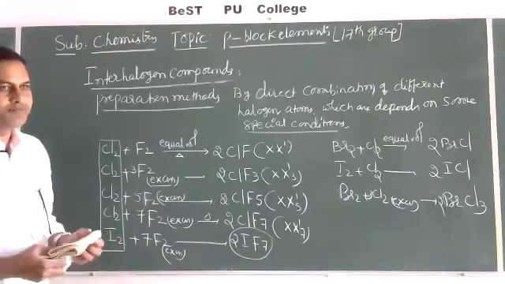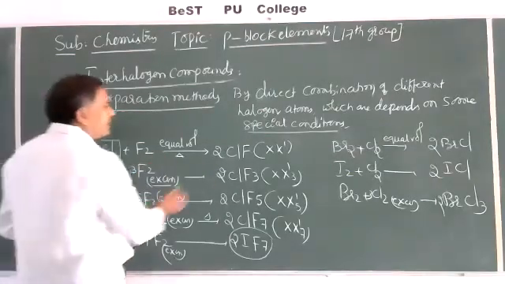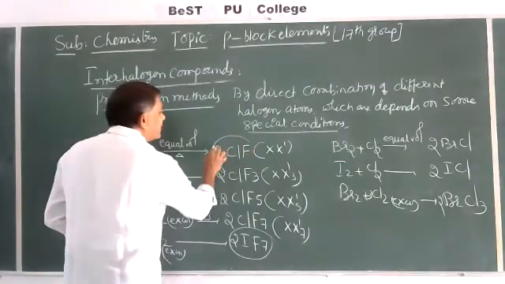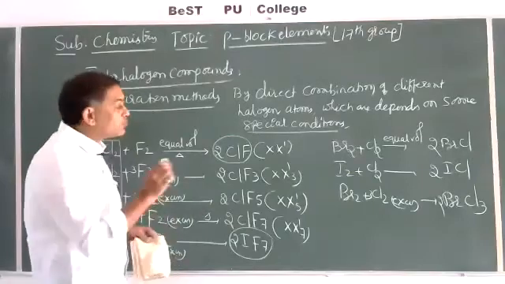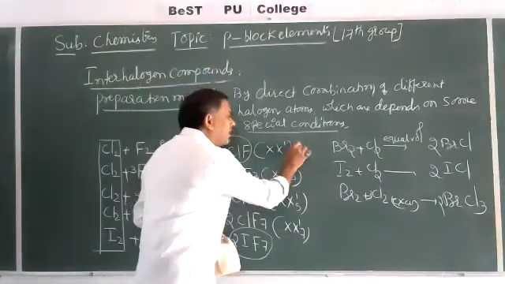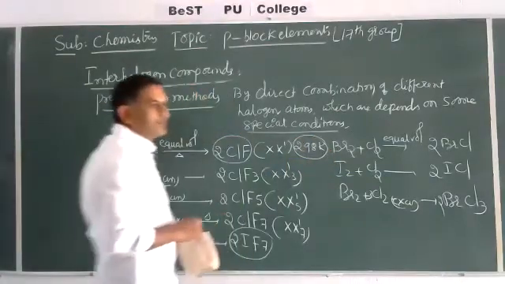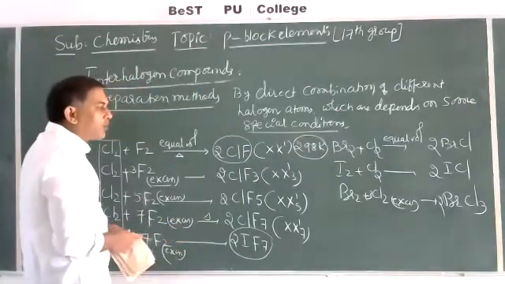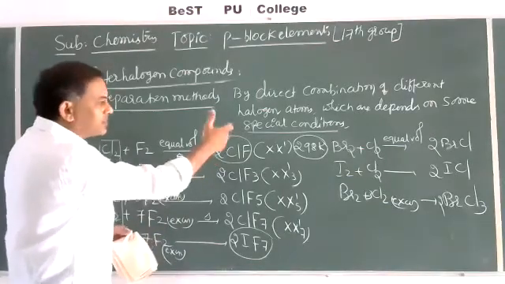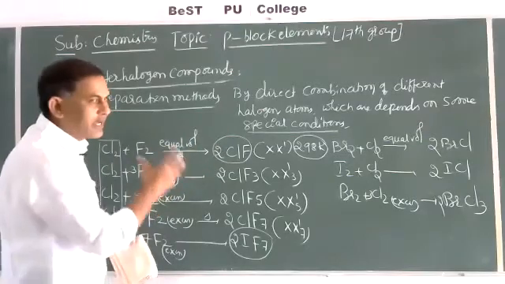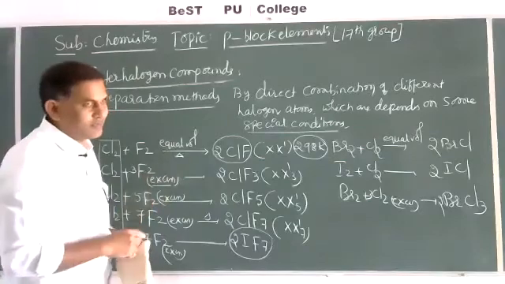interhalogen compounds. Okay, among all these at room temperature, ClF is a gaseous state. At room temperature means at 298 kelvins. Remaining, almost all, based on their temperatures and conditions, exist as either a gas or liquid or a volatile solid in different colors.